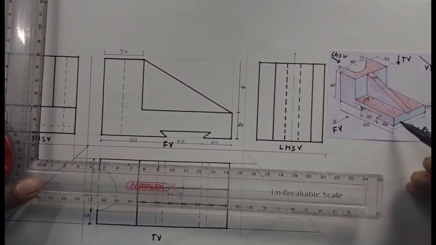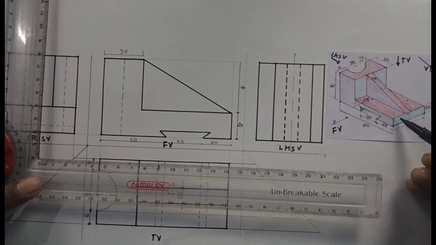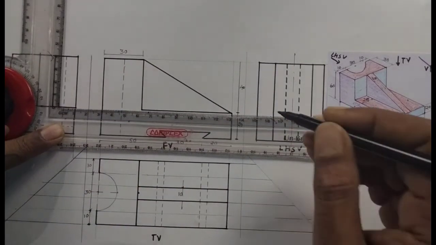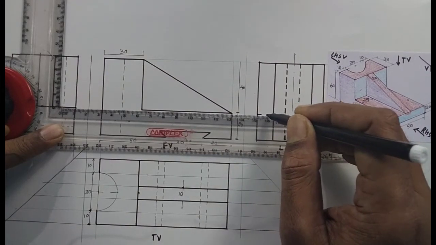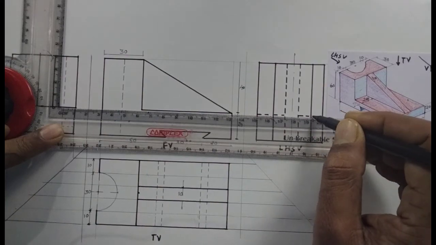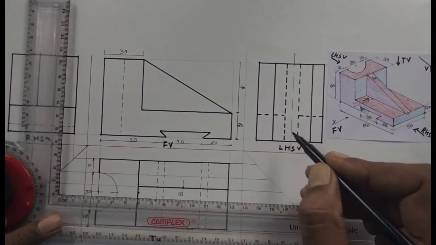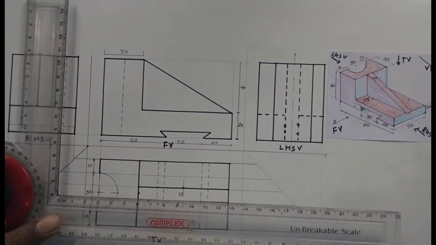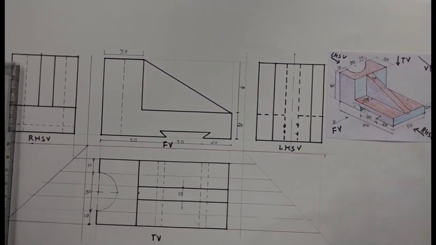And this edge, the bottom surface top edge, is also not visible, so I draw the dotted line here. After this, you can remove this one, because your rib goes up to the top of the surface.